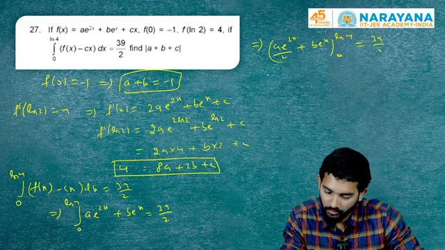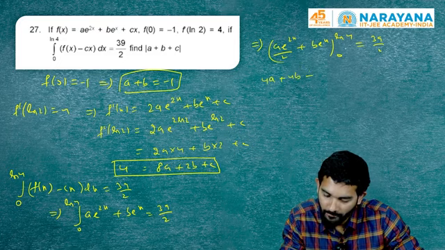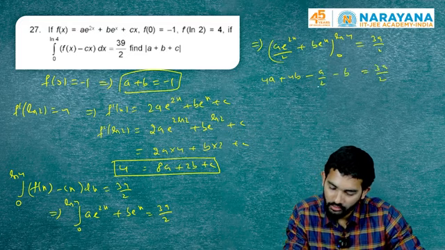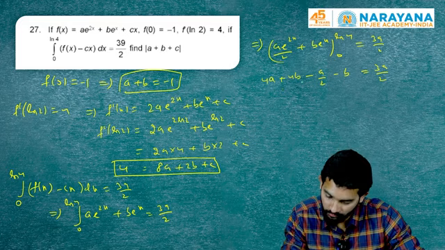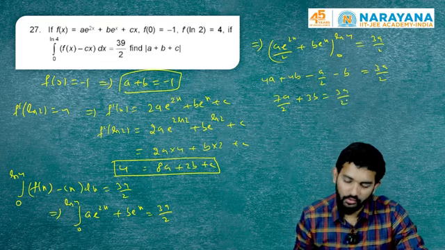If I substitute here, it will be e power ln 4, 4b minus 0. If I am substituting, a by 2 minus b equal to 39 by 2. So this will be 4 to 8 minus 7a by 2 plus 3b equal to 39 by 2.